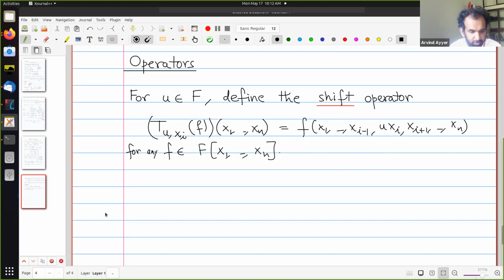Okay, so this is the first operator, and the main operator from which things will be constructed is this one. So let capital X be another independent indeterminate.